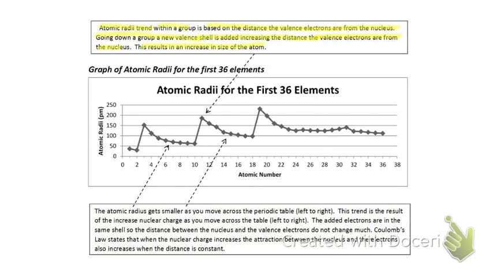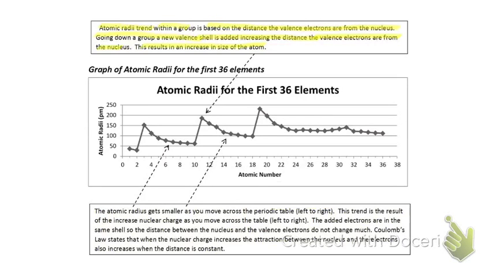All right? So there are two schools of thought that we have to look at here: distance and magnitude. It appears then that the magnitude is more important. So the magnitude of charge on the nucleus, the number of protons, is more important as we move across a period than it is down.